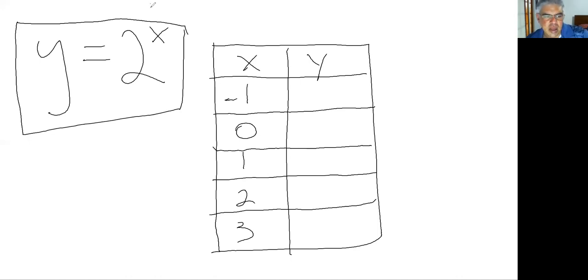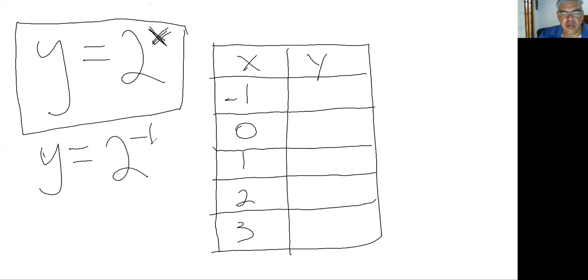So anyway, you see the x right here in the equation. So I'm going to use y for the first point. Y is equal to 2 to the negative 1.